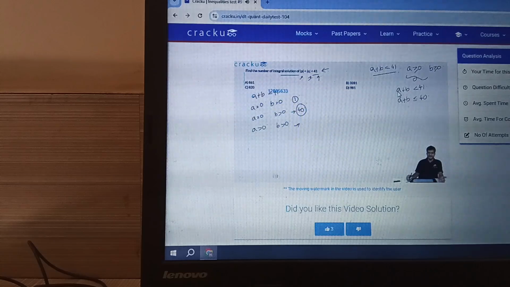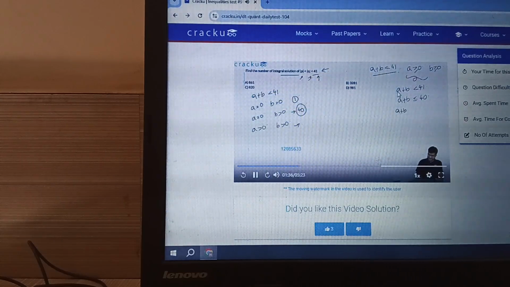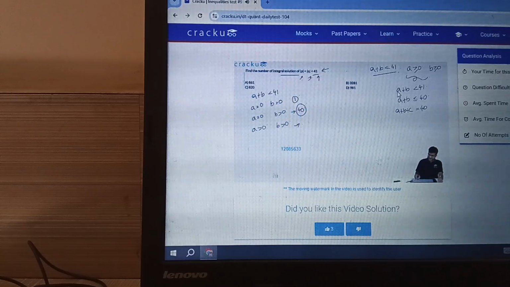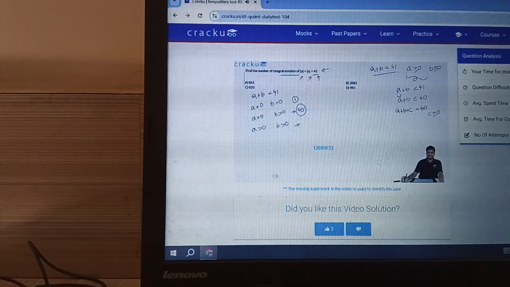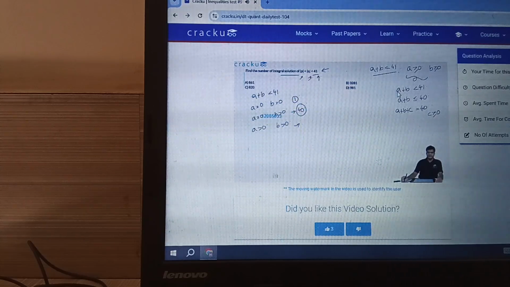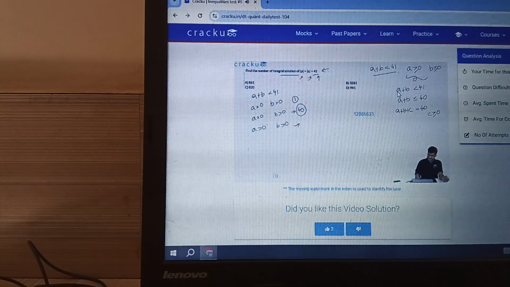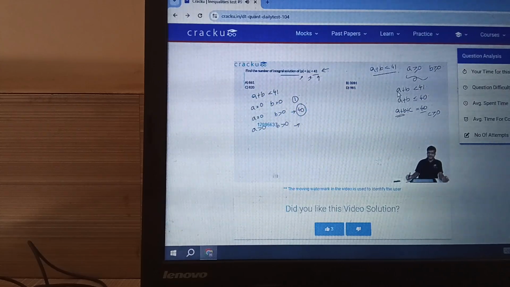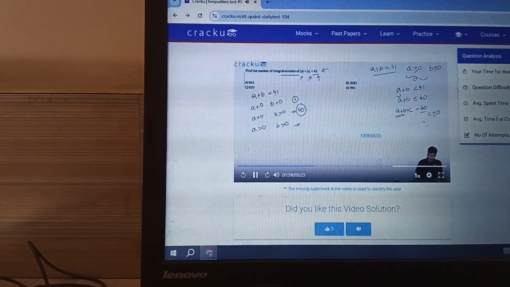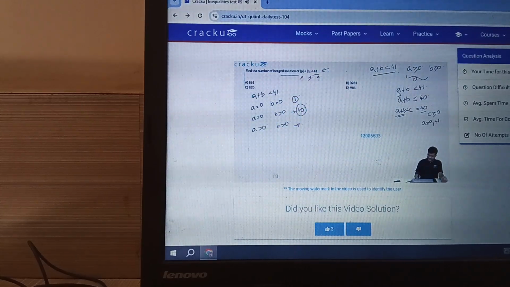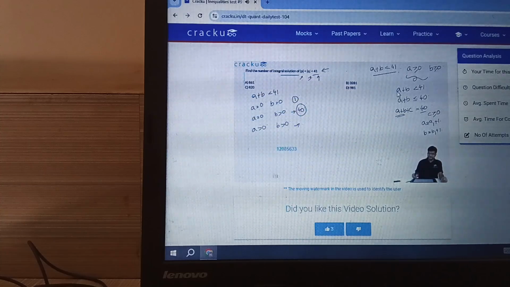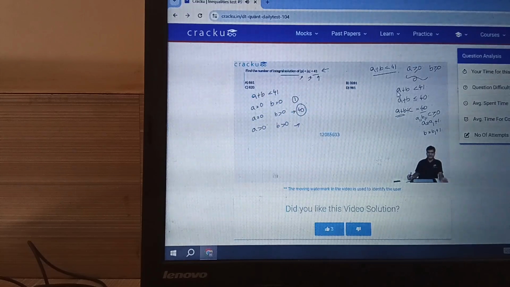So let us add a new variable c, such that a plus b plus c is equal to 40, where c is greater than or equal to 0. Now remember that a and b are strictly greater than 0, so let a equal a1 plus 1 and b equal b1 plus 1, such that a1, b1 and c are all greater than or equal to 0.